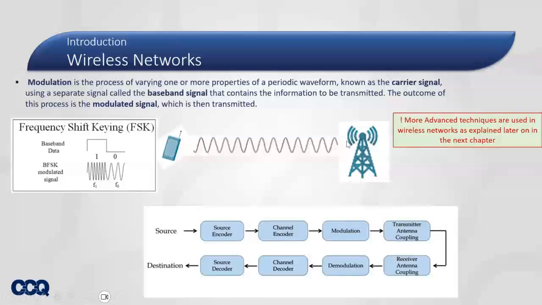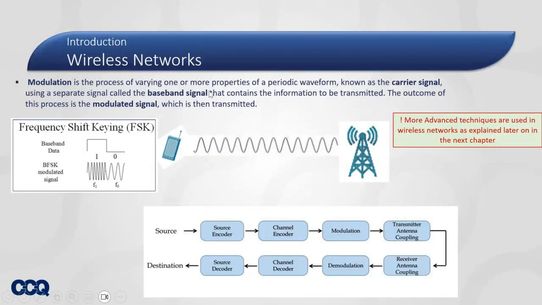I cannot send it through the air. It contains the information, but I cannot transmit it like this. I need to put it on a carrier signal, and the carrier signal will be transmitted from transmitter to receiver.